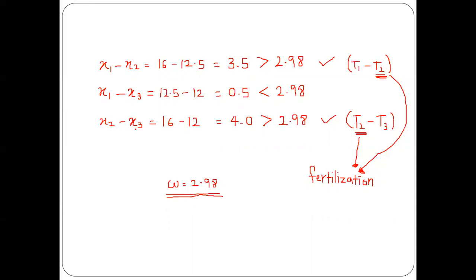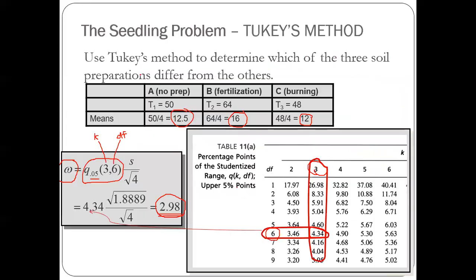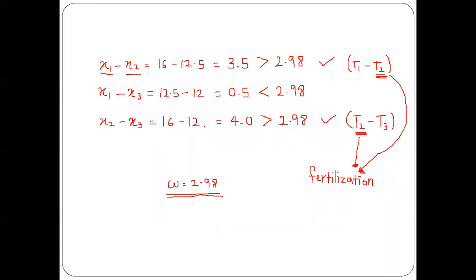So when we convert all the values that we have calculated, for example, let's say mean 1 and mean 2 for treatment 1 and treatment 2, it refers to 12.5 and 16. The highest value, 16, minus the lowest value, 12.5, so we get 3.5.